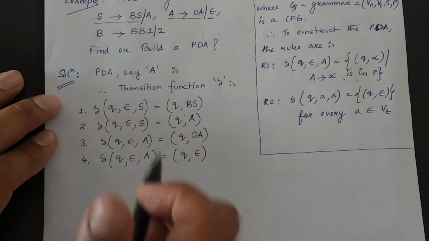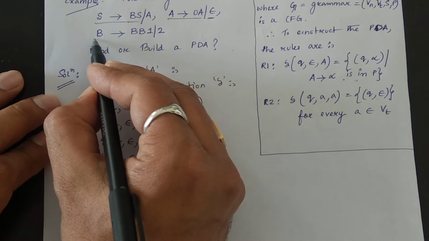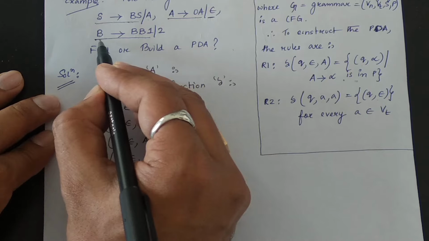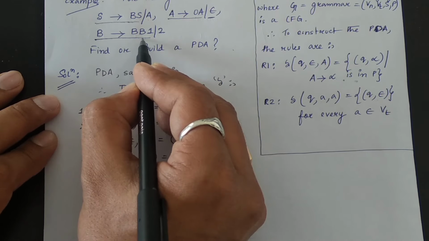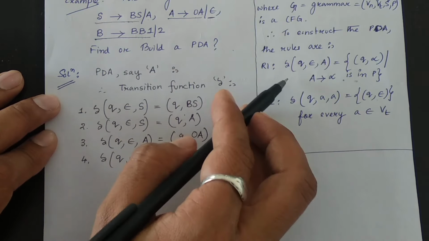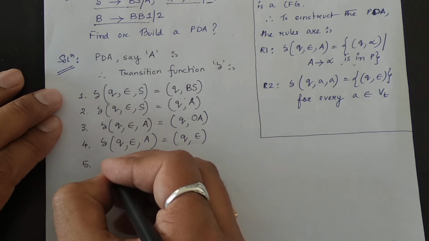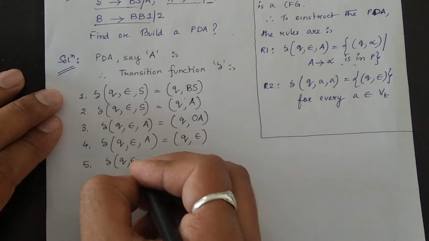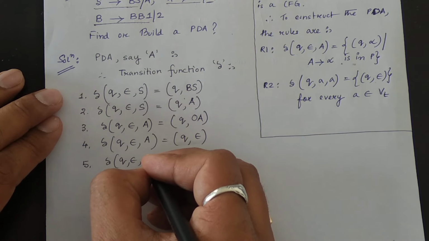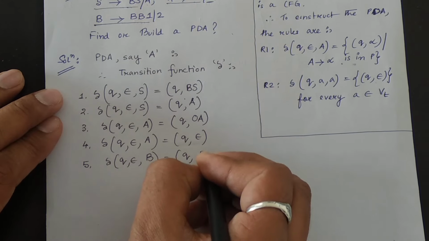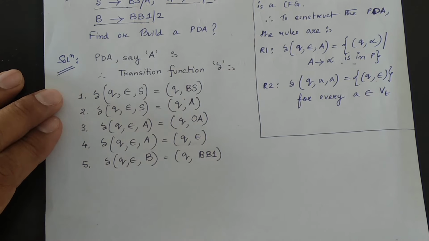Clear? Now what is left out? I am left out with B. B has the format B tends to BB1. What is this format? A tends to alpha format, right? So what will the production format be? The same one. Number 5, delta Q epsilon, the non-terminal B, so the part will be BB1.